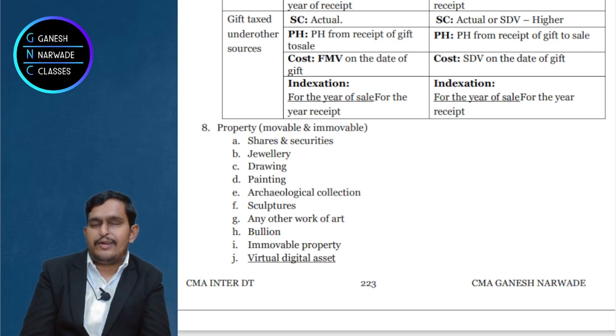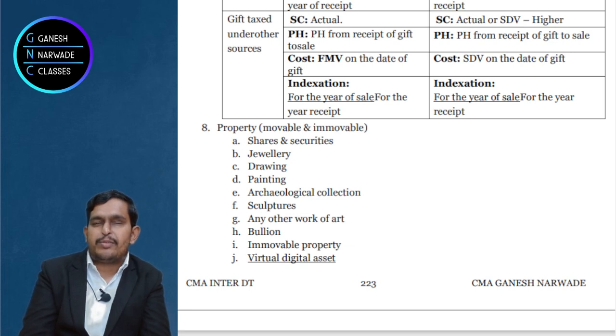Transfer expenses, if given, are actually deducted. You will get net sale consideration. From that you have to deduct cost, right? Now what should be the cost? Because you paid tax under other sources, the stamp duty value will be your cost. Okay, very good. Suppose you did not pay tax under other sources, then no tax under other sources.